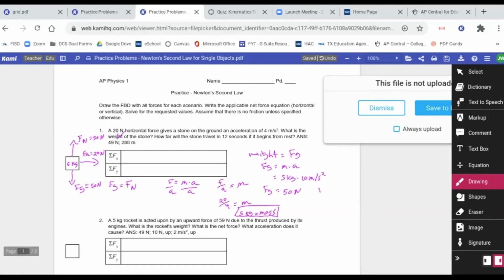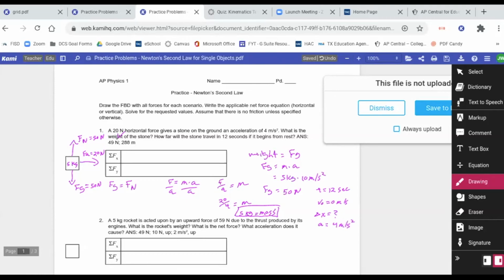So if we come over here, they're telling us time is 12 seconds. Time equals 12 seconds. It begins from rest, so V naught equals 0 meters per second. It wants to know how far it will travel, so it's going horizontal, so delta x equals question mark. And then we know the acceleration is equal to 4 meters per second squared.